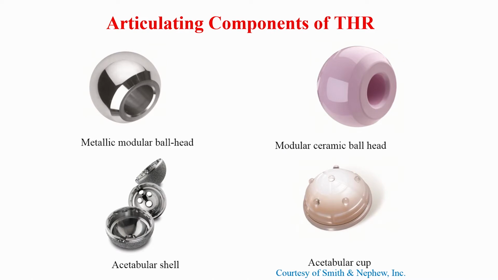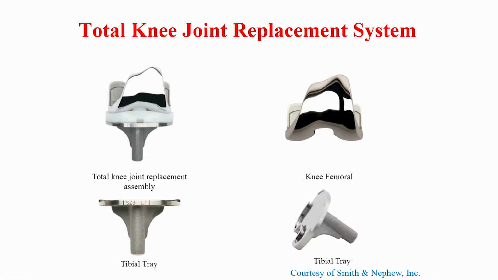Now, the femoral head, as I told you, can be made of metals or ceramic. This is a modular ceramic ball head, this is the acetabular cup, and this is the acetabular shell with the metal shell made of titanium, and this is a metallic modular ball head. In total knee replacement, you have the femoral component and the tibial tray, and this is your total knee joint replacement.